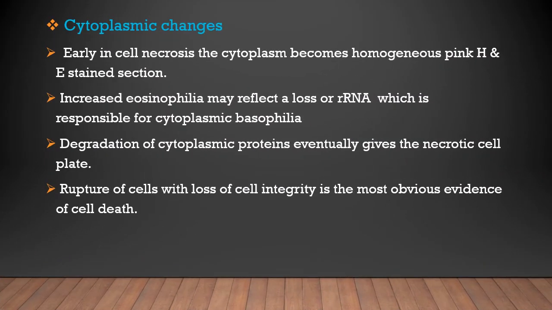Some cytoplasmic changes are also seen during necrosis. Early in cell necrosis, the cytoplasm becomes homogeneous pink in an H and E stained section. Increased eosinophilia may reflect the loss of RNA, which is responsible for cytoplasmic basophilia, and degradation of cytoplasmic proteins eventually gives the necrotic cell its appearance, and the cell ruptures.